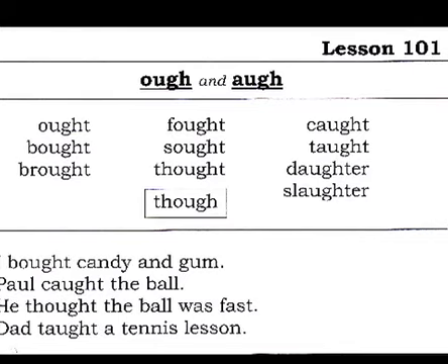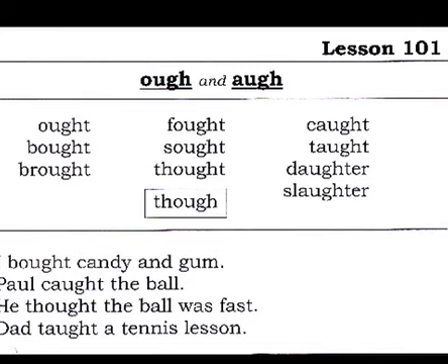Now, these are words generally easy to learn because of their distinctive spelling and, of course, because they're quite common words. And we have some sentences to help you learn the spellings of those words, like I bought candy and gum, Paul caught the ball, Dad taught a tennis lesson, etc.